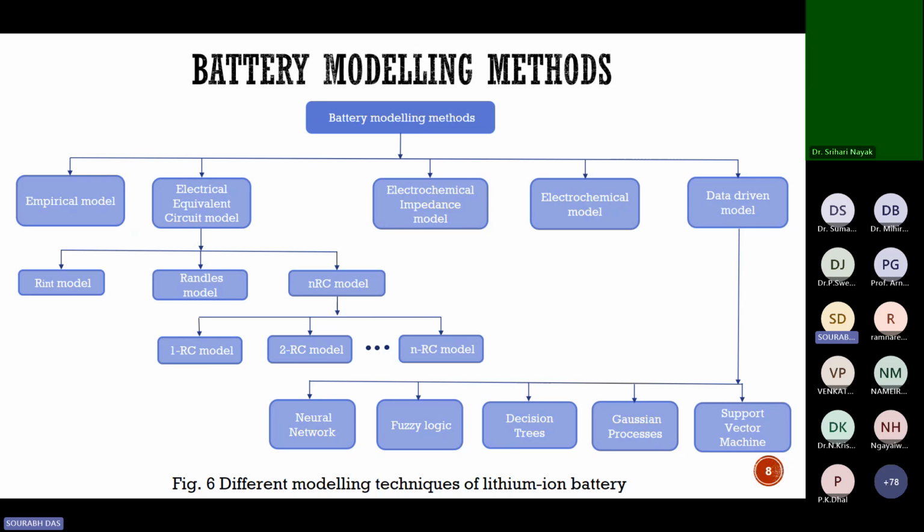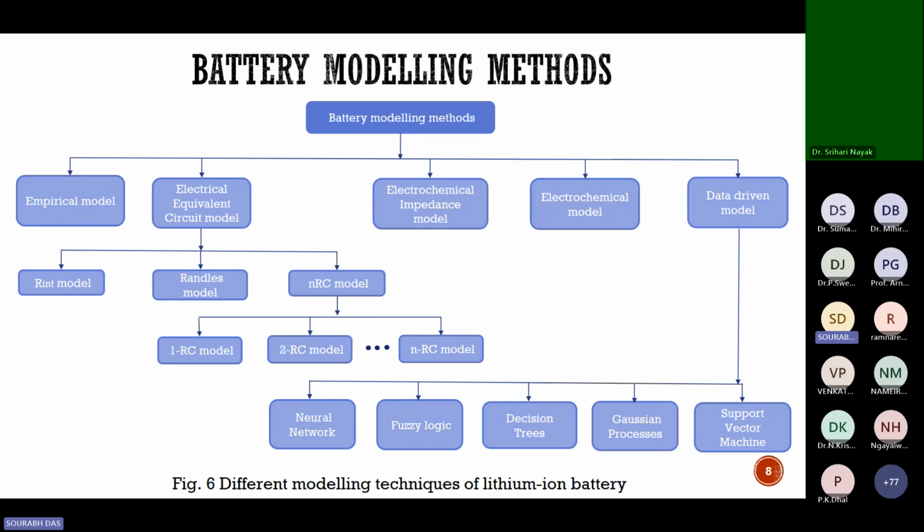The only measurable things of the battery are the load current and terminal voltage, and using those, we can estimate the SOC and SOE.